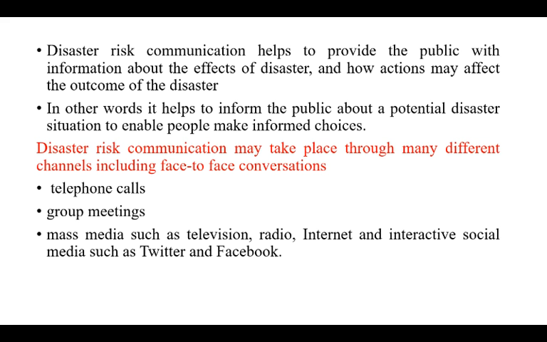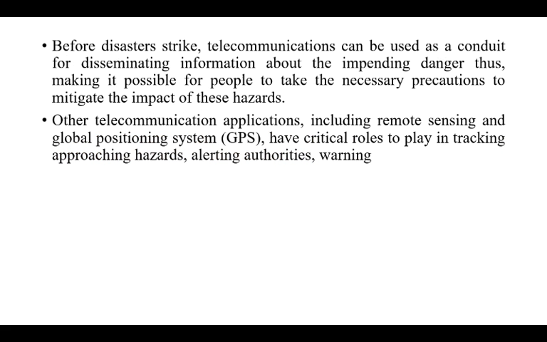In other words, it helps to inform the public about a potential disaster situation to enable people to make informed decisions about the disaster. So, main disaster risk communication includes telephone calls, group meetings, mass media such as television, radio, internet, and interactive social media such as Twitter and Facebook, which pass the details regarding the disaster.